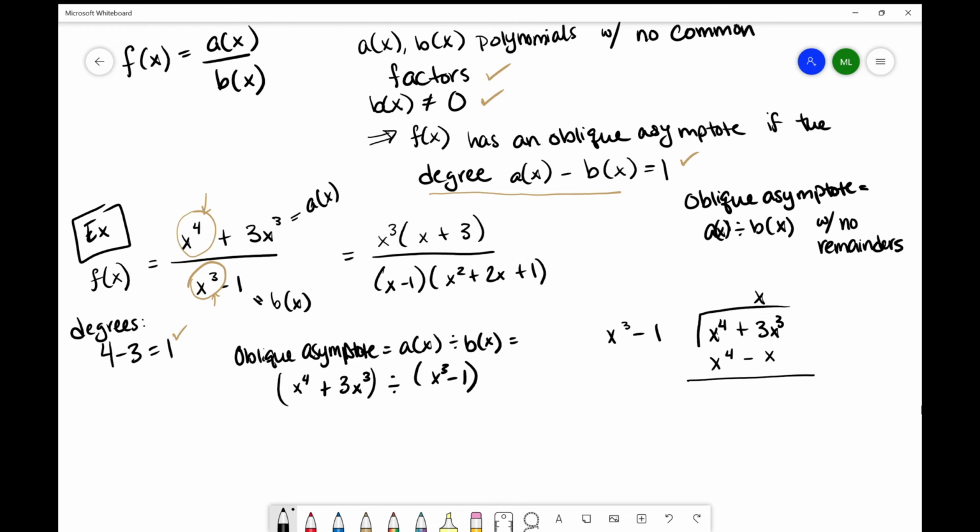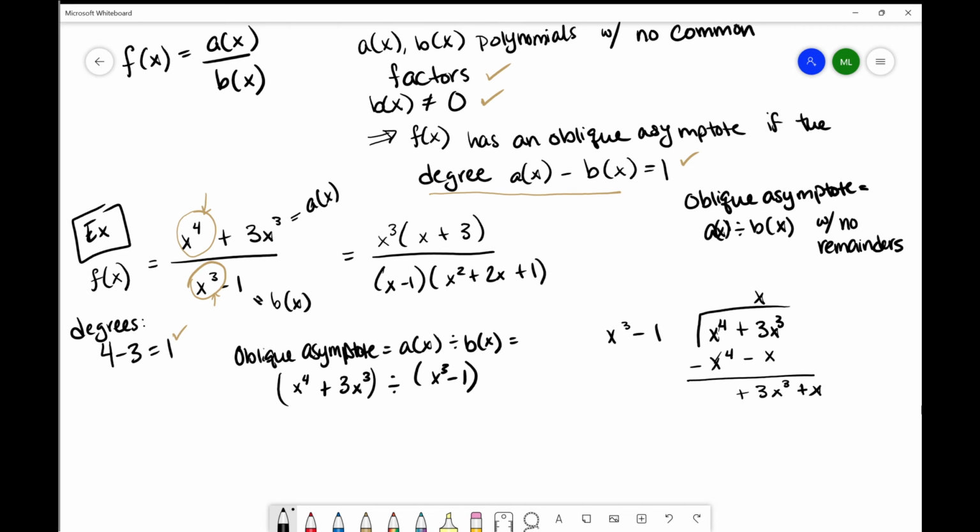Okay, and then we get, let's see, x to the power 4 minus x to the power 4, these cancel out, so we're left with plus 3x cubed minus x. Actually, plus x.